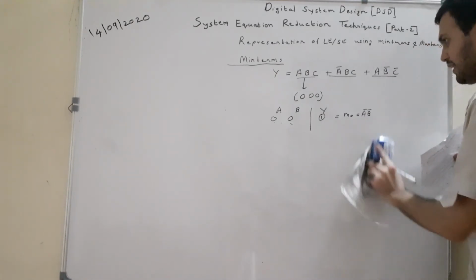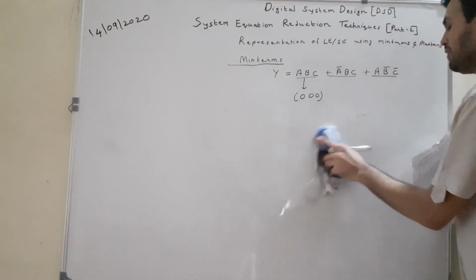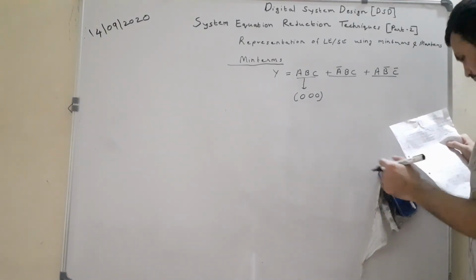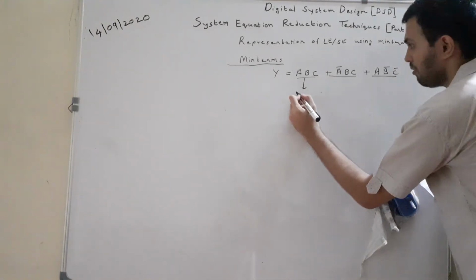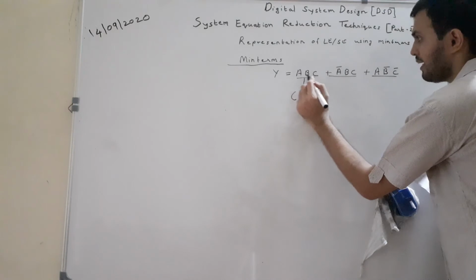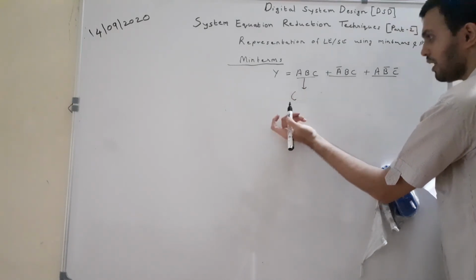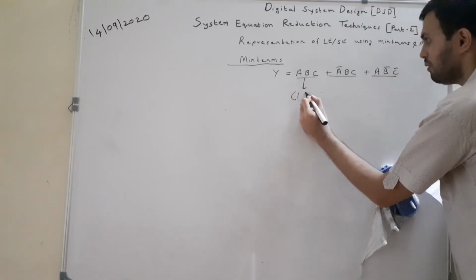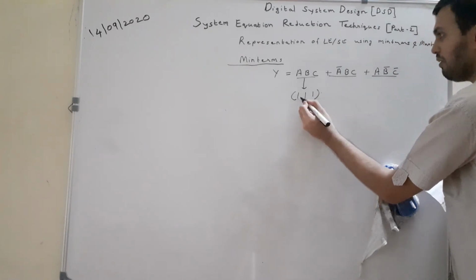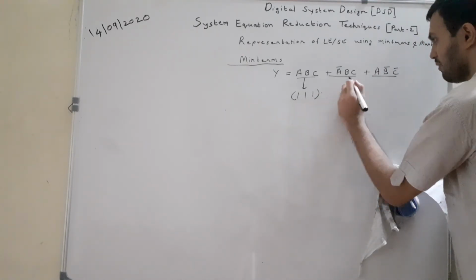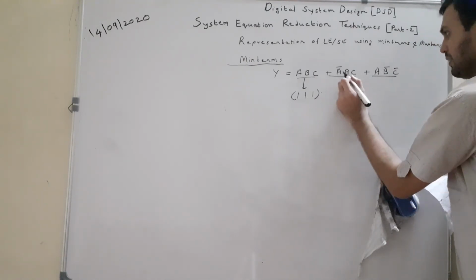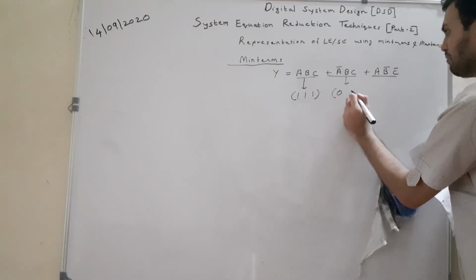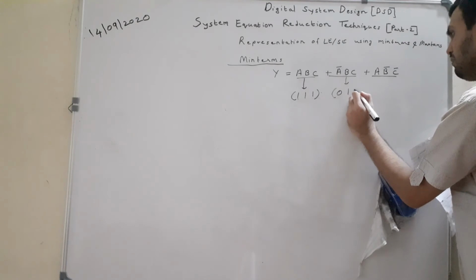That's the reason when I write ABC, I have not written it in the complementary form. These are the terms which produce an output level 1. So A is represented by 1, B by 1, C by 1. Let us move on to the second term, A complement BC: A complement will be 0, then B will be 1, C will be 1.